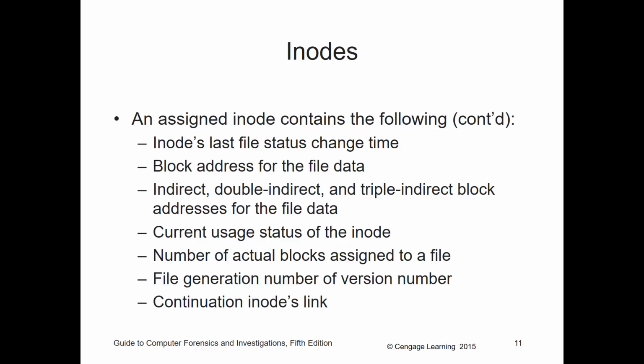Those are done in blocks. Notice here we're talking about blocks instead of segments or clusters. File generation numbers of a version number. The continuation of an inode's link, because again the inodes link all of the data blocks together.